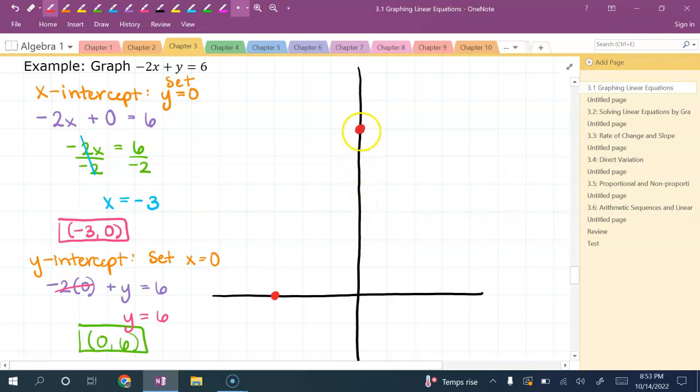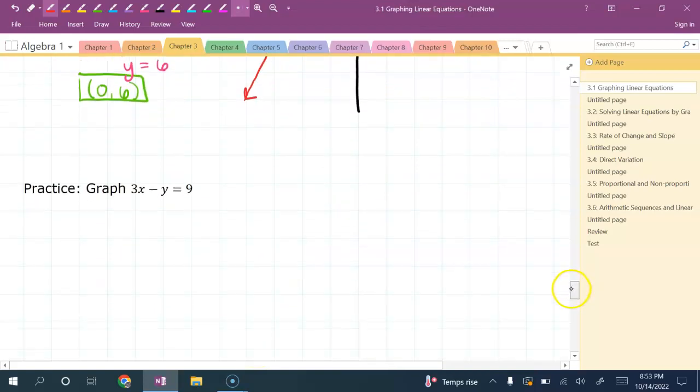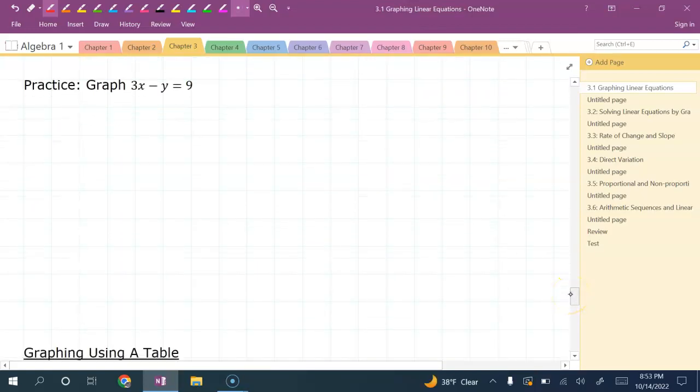You're not going to go left or right on the x-axis. And those 2 points are enough for you to be able to grab your straight edge, connect the dots, and make a line. So what I want you to do now is practice graphing this one using that x and y intercept method.